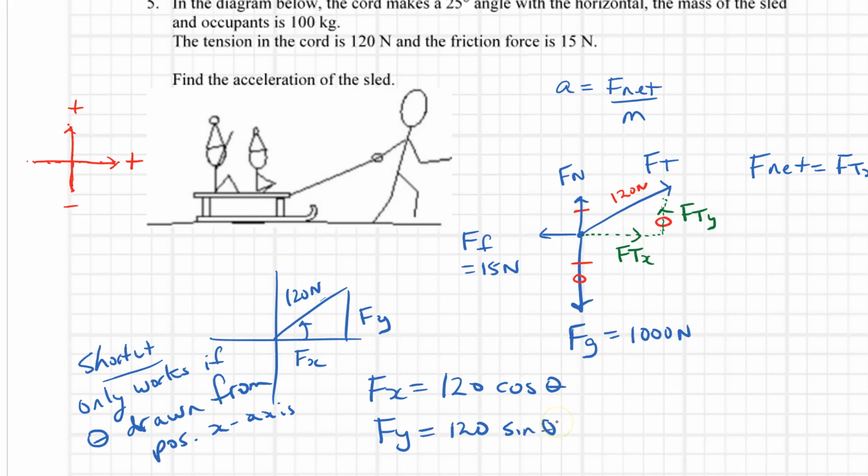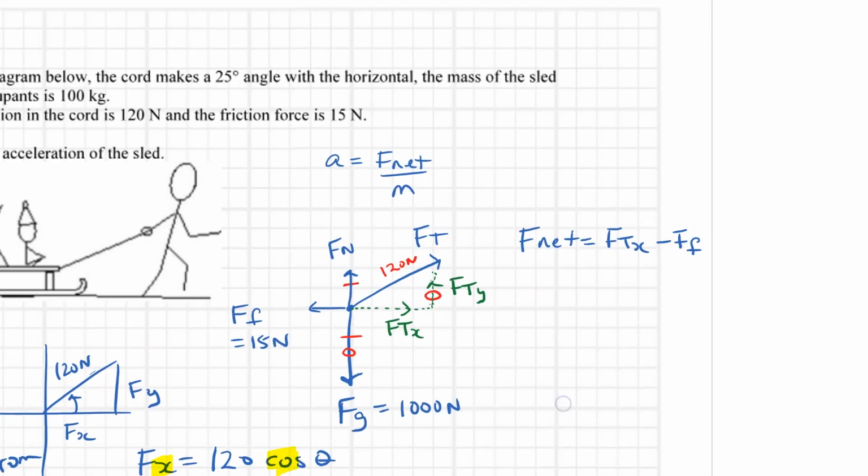You start to learn to associate the x component with cos, and the y component with sine, in pre-calculus. But if you don't want to use a shortcut, that's all good with me. So over here, F net is going to be equal to 120 multiplied by the cos of 25 degrees, minus the friction force, which was 15 newtons.